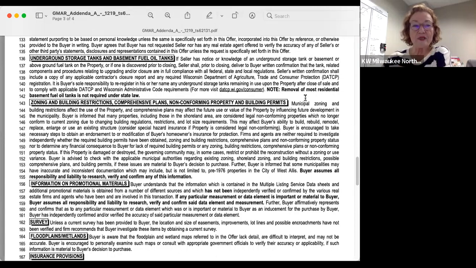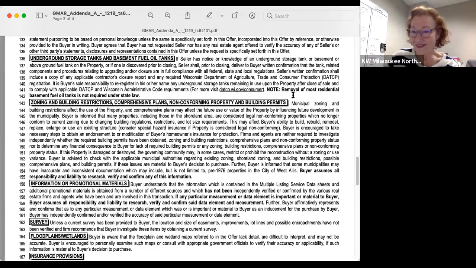Seller's written confirmation shall include a copy of an applicable contractor's closure report and any required Department of Agriculture, Trade, and Consumer Protection documentation. It is the buyer's sole responsibility to re-register in his or her name any underground storage tanks remaining in use on the property after the close of sale, and to comply with the DATCP Wisconsin Administrative Code requirements.